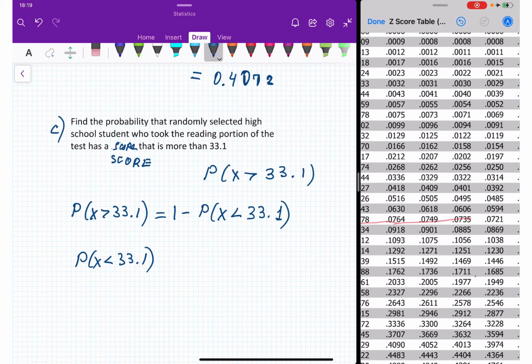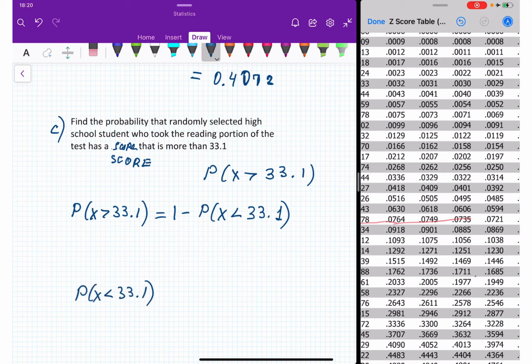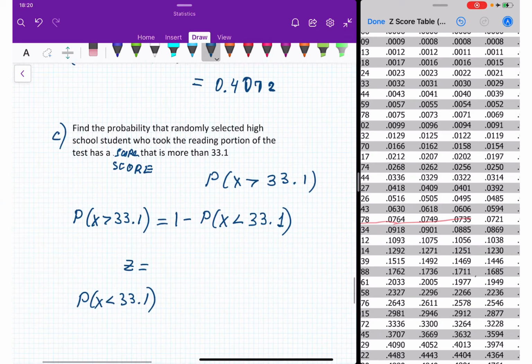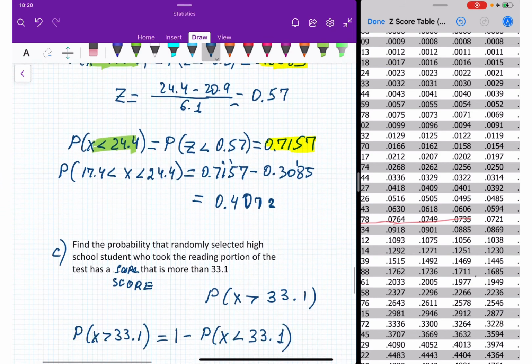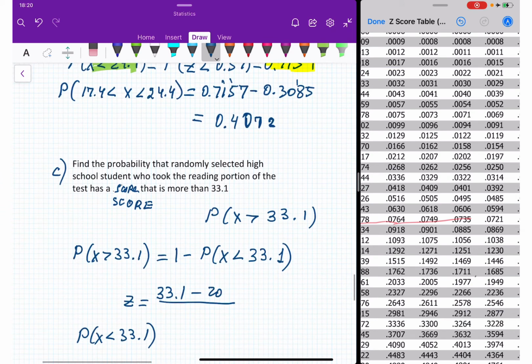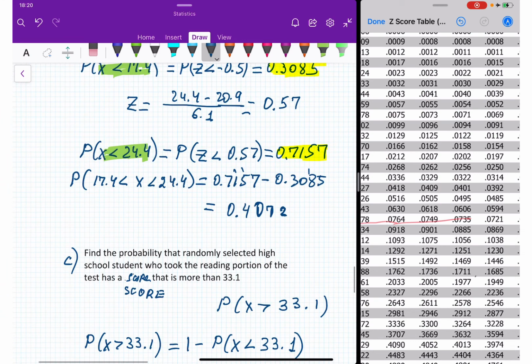For that reason, we are going to find the z-score first. The z-score is x, which is 33.1, minus the average, 20.9, divided by 6.1.